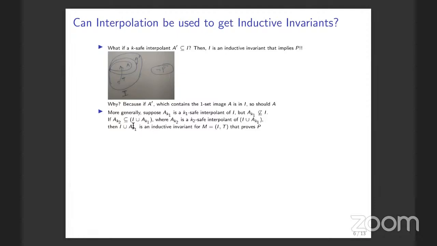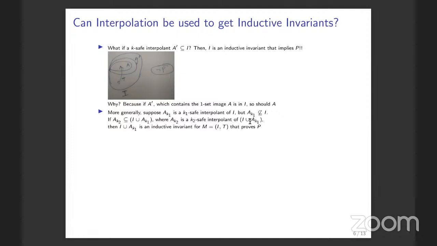But if it is not, then you could run it for K more steps, K1 more steps, or K2 more steps, and then check, starting from I union AK1, whether that is included.